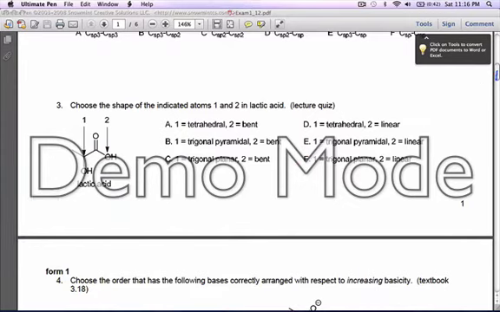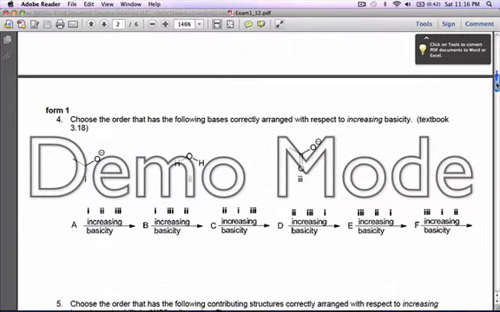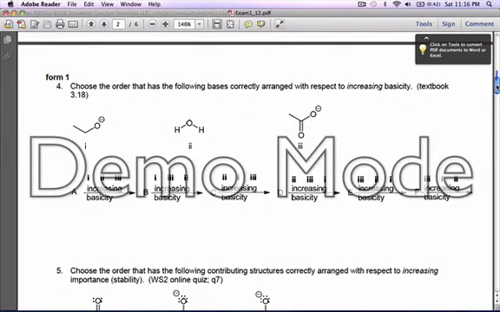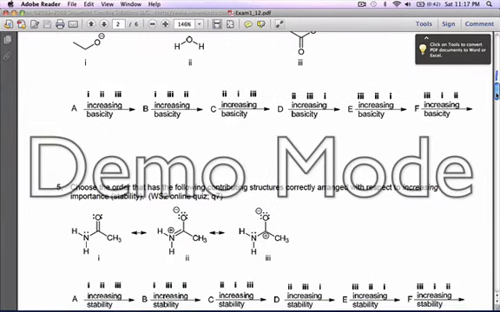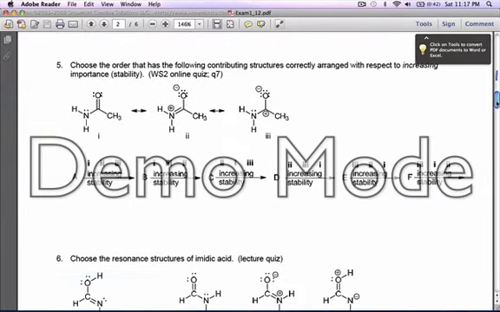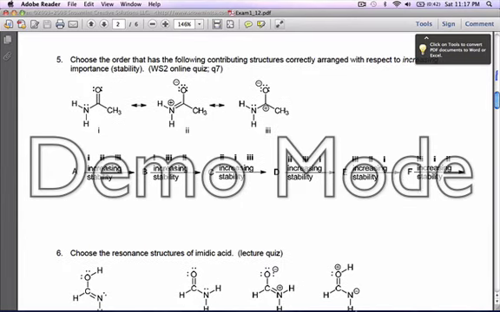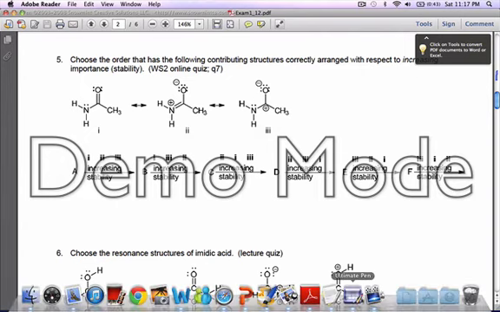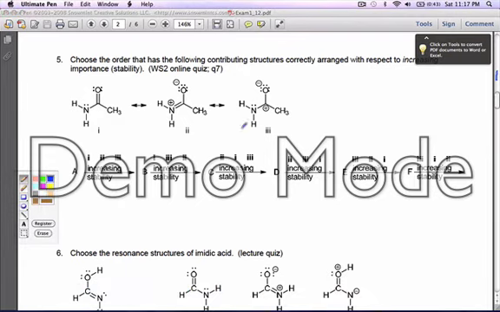Okay. And let's go on to the next question, which is from chapter 3, which I have been informed is not going to be on the exam, so we shall skip that one and go on to question number 5, which has to do with resonance stability. Now, what do we know about resonance stability?